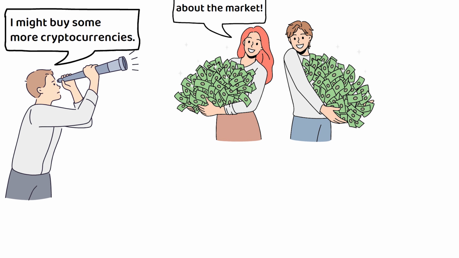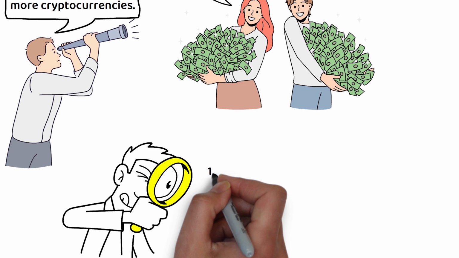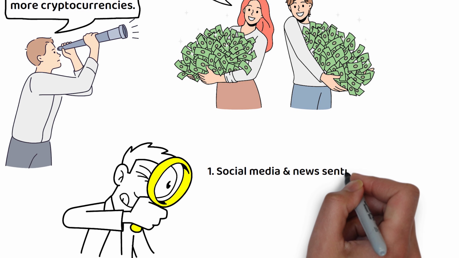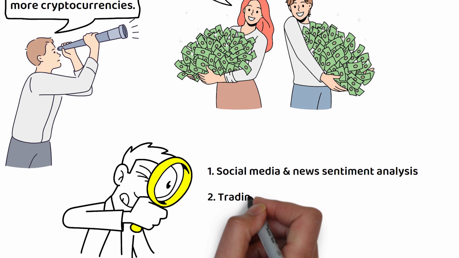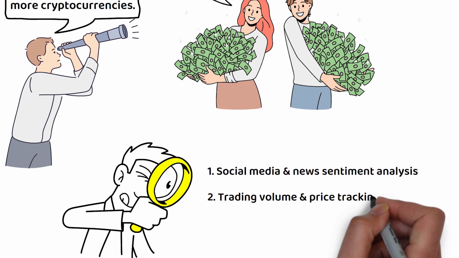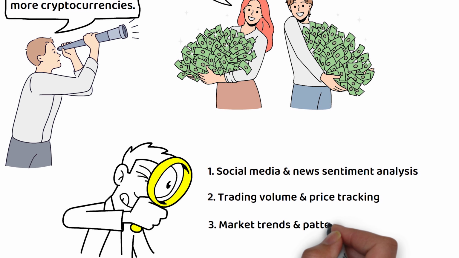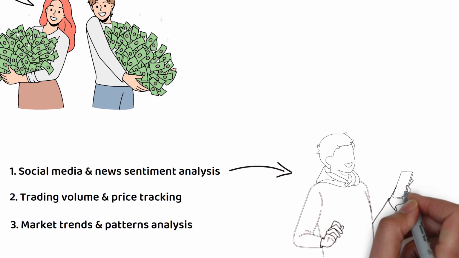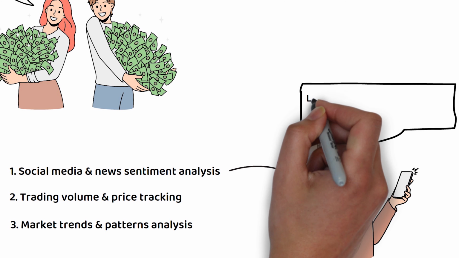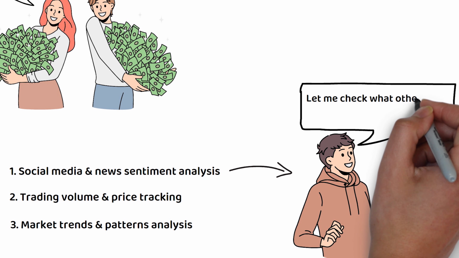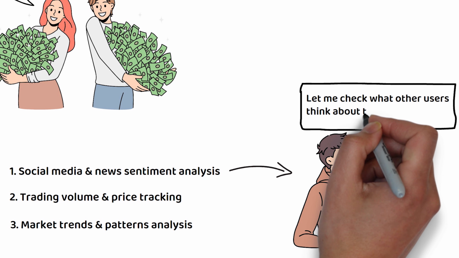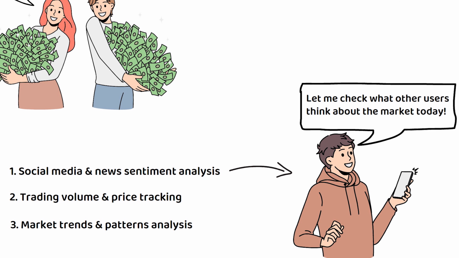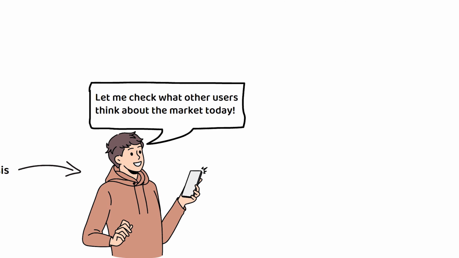A variety of tools and approaches, including social media and news sentiment analysis, trading volume and price tracking, and general market trends and pattern analysis, can be used to analyze market sentiment. For instance, sentiment analysis may involve counting the number of comments on a specific cryptocurrency that have been made on social media sites like Twitter or Reddit, either positively or negatively.